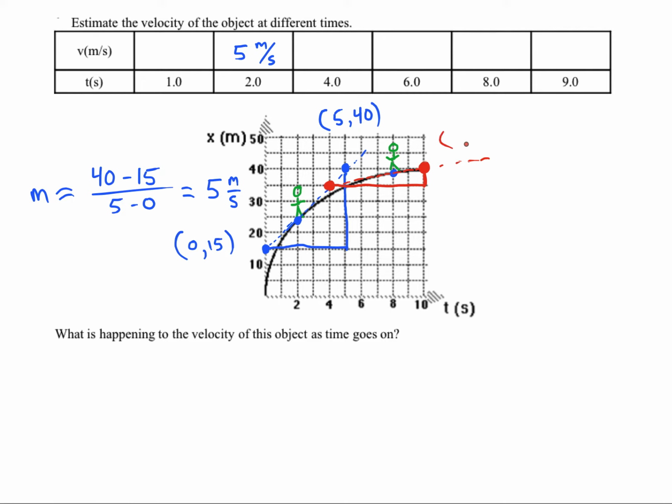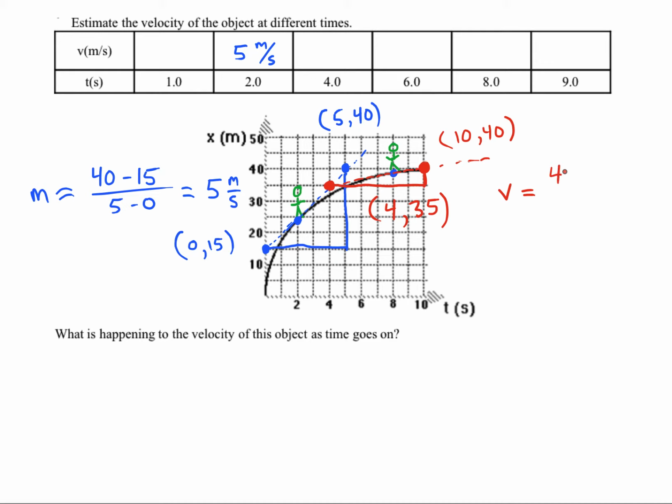So up here we've got the point (10, 40). And this point here has coordinates (4, 35). And we'll find the slope. Now, the slope could be called m, or in this case I'll call it v. It's a velocity, right?